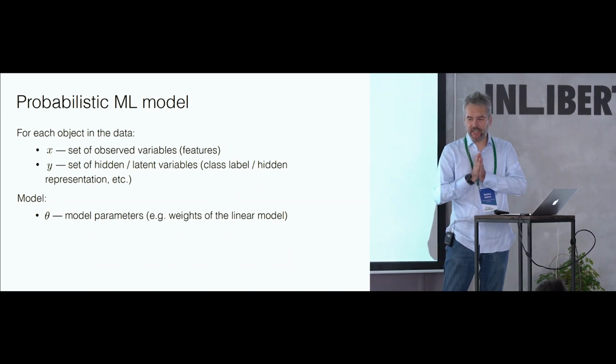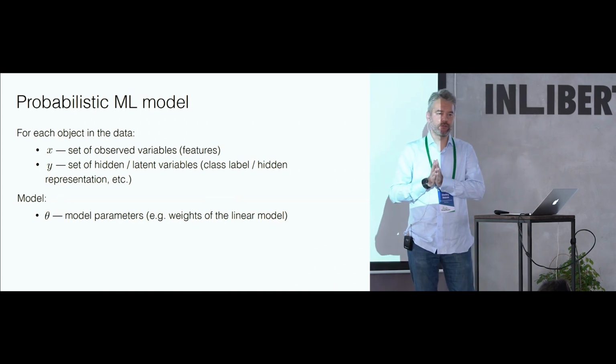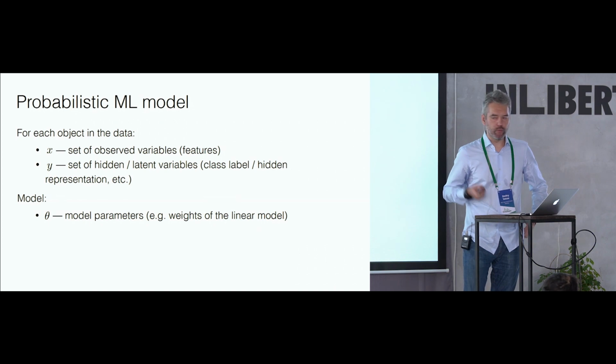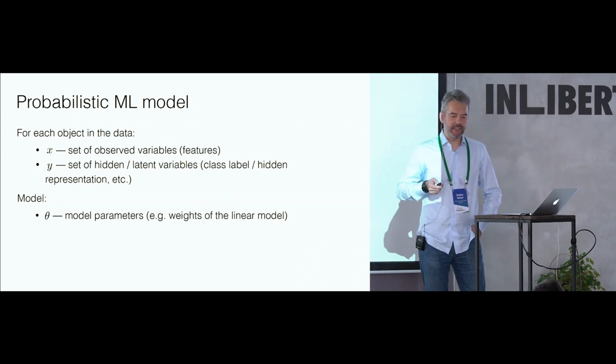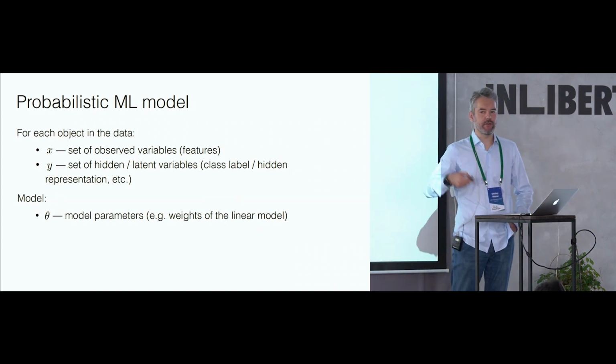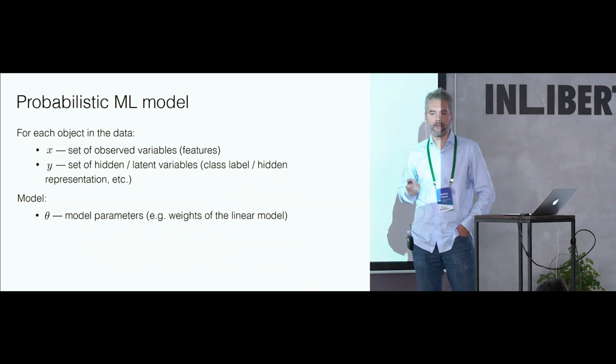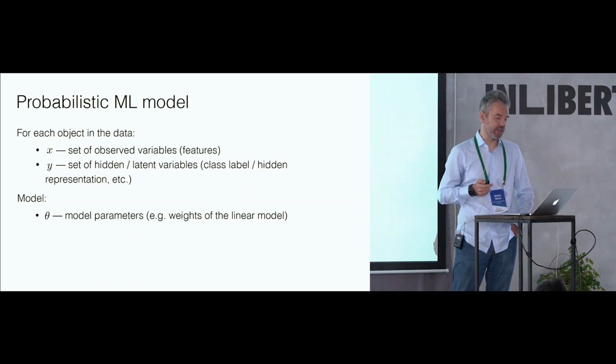And the task of machine learning is to come up with a prediction algorithm which is able to predict Y based on X. And the source of information is the so-called training data set. There's the set of objects for which we know both X and Y. And we also have a model, which is parameterized by theta.